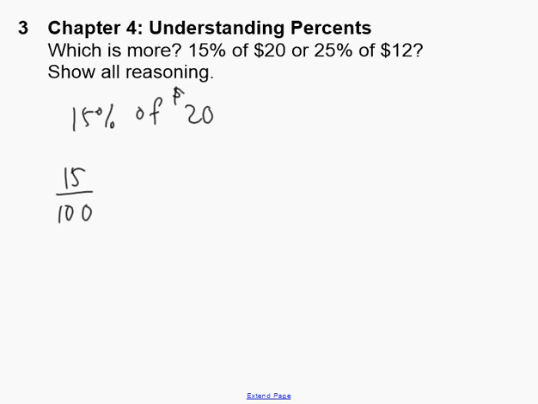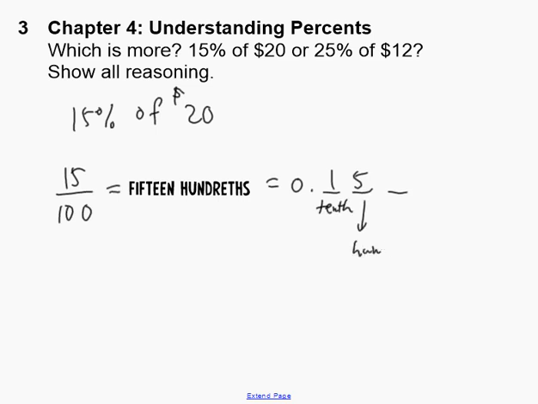And back in grade 4 or 5, you learned that 15 hundredths was written in words as fifteen hundredths. And using place value, we would write it with tenths, hundredths, thousandths. So this is the tenths position, and this one here is the hundredths position. And therefore, 15 hundredths would be written as 0.15.